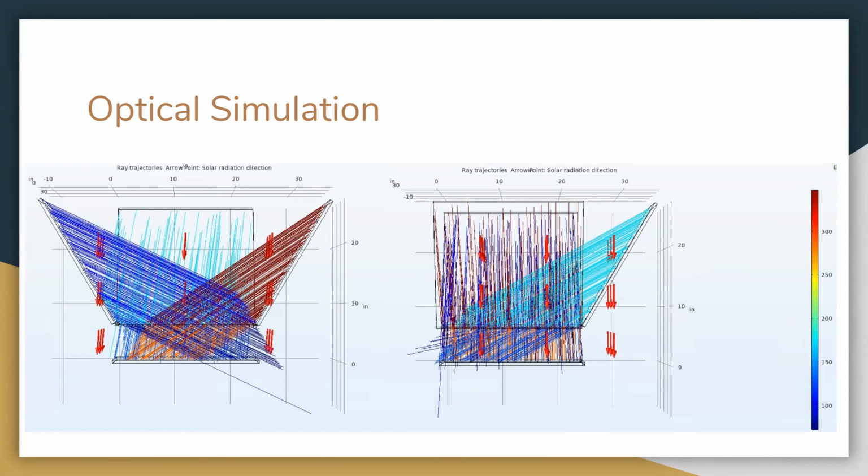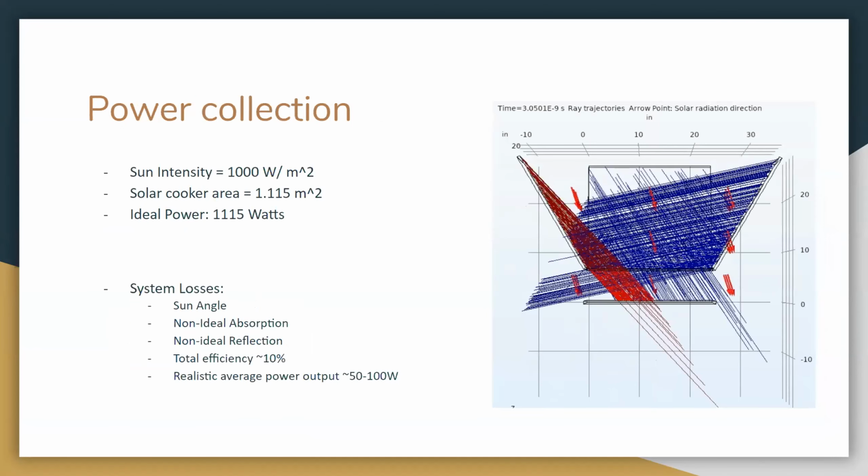Okay. And when you said the optical efficiency was 10%, can you explain exactly how you calculated or estimated it? Yeah, so this was a bit more tricky because it was not really that easy to do a day-long simulation. So it was almost more of an estimation of the losses and the idealizations.